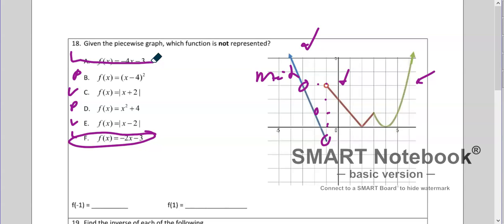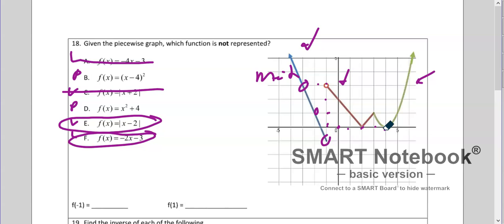Okay? Now, our absolute value. Notice, here's where it should have a vertex, but the vertex is right 2. Okay? Right 2, which means we should have minus 2 in the absolute value bars, like so. Not here. And this parabola, the vertex is moved over 1, 2, 3, 4 to the right. Okay?